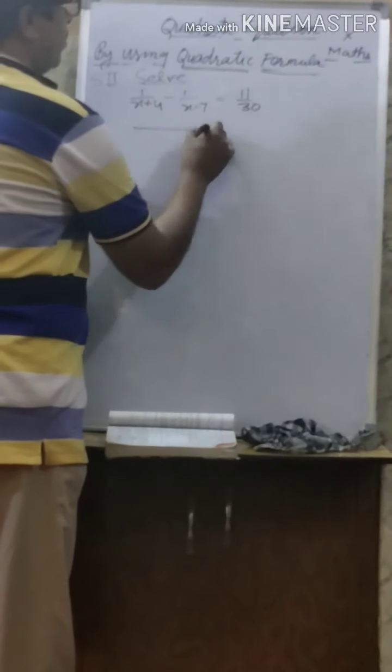So now see, a fraction is there. If any fraction is there in the statement, what will you do? You take the LCM first, as you have done in the first part.